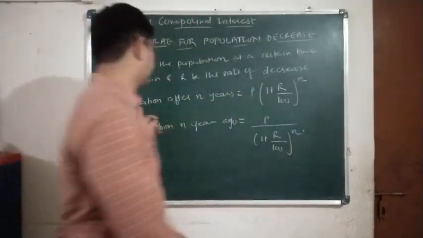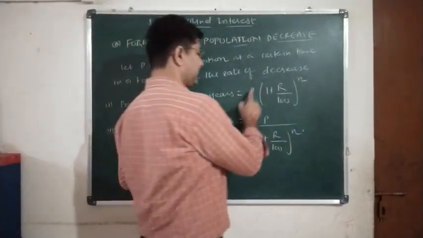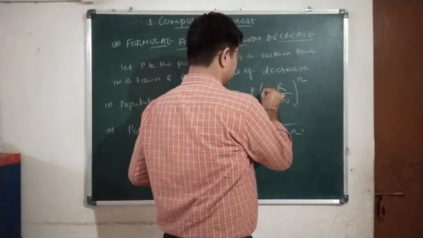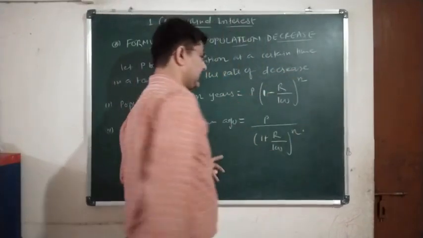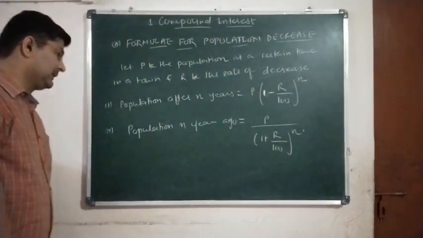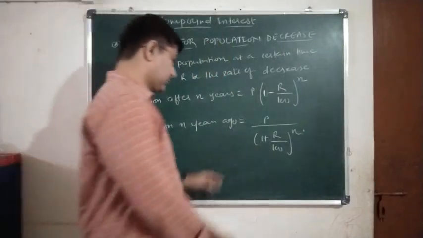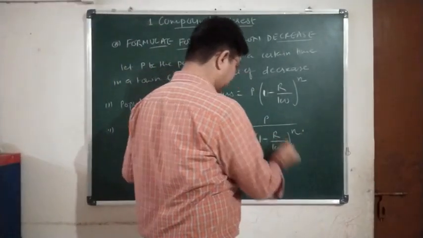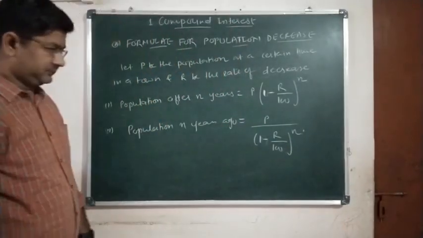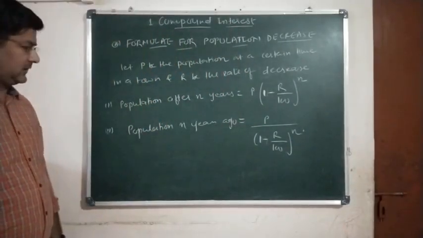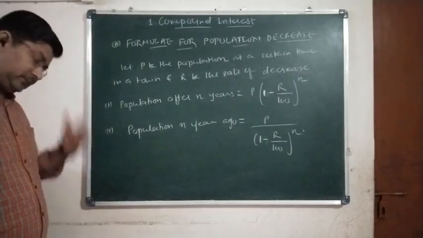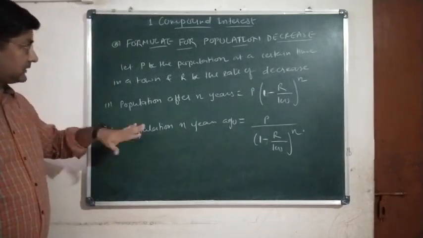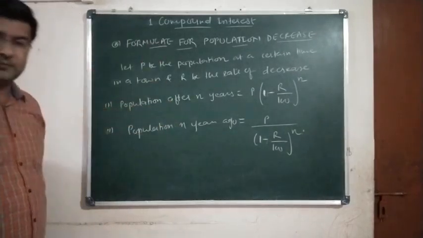In that case, population after n years will be P into bracket 1 minus R upon 100 raised to n, and for population n years ago, again there will be a change of only a minus sign. The remaining formula remains the same. So this is the formula for decrease in population.